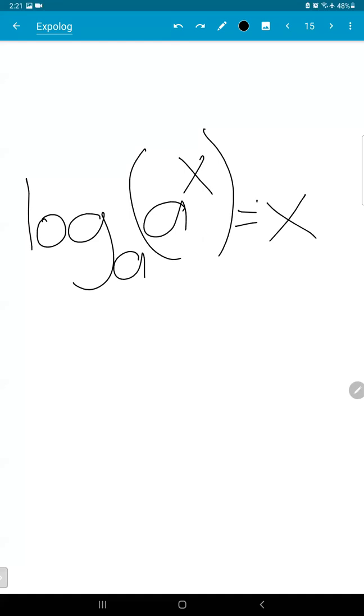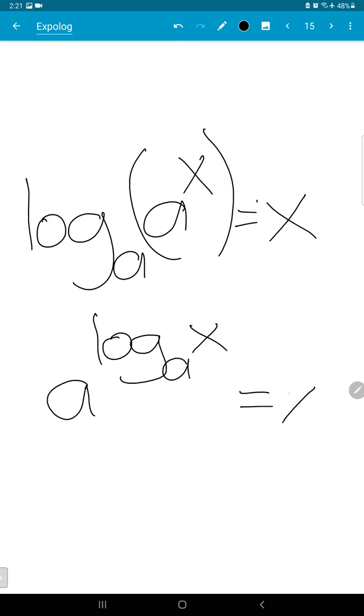And the other way around, a to the logarithm of x base a is still x. This is a base a exponential, but the exponent is a logarithm to the same base a. They cancel each other out, get back x.